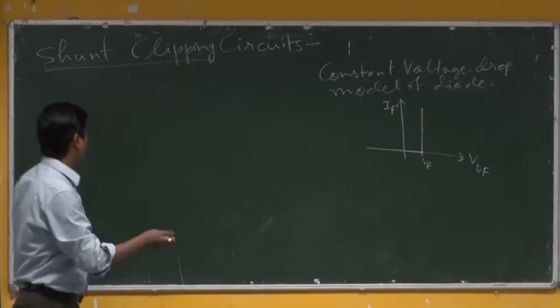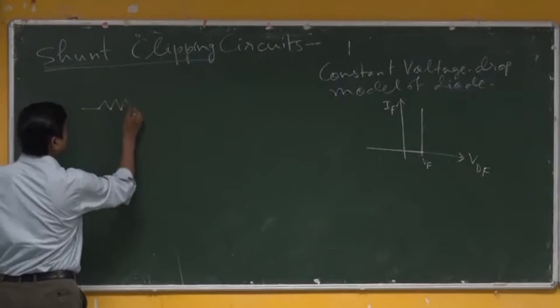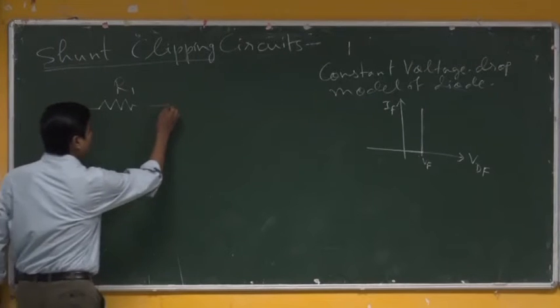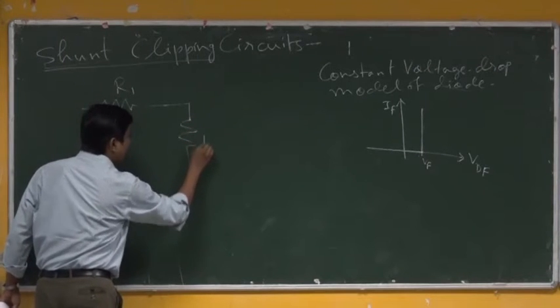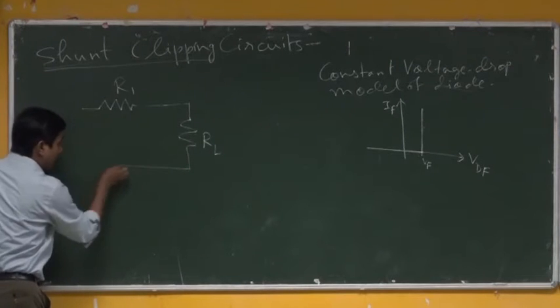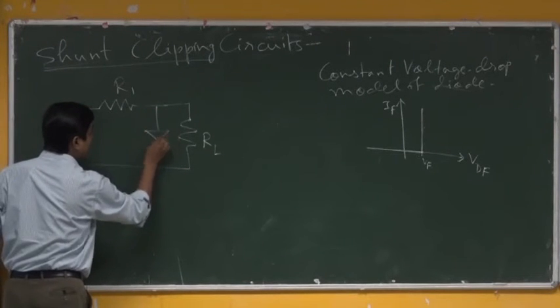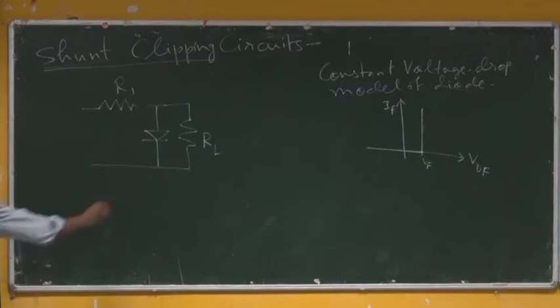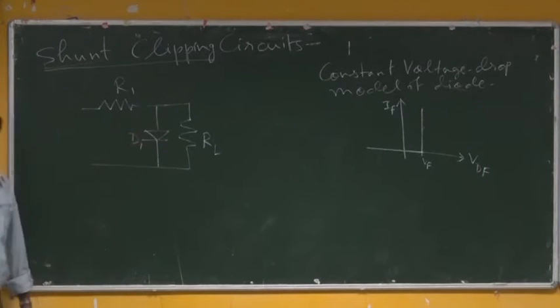Which way? Typically, say one electrical circuit R1 is there, in that one load RL is connected to it, and across it one diode is connected this way. So, this diode is named D1.